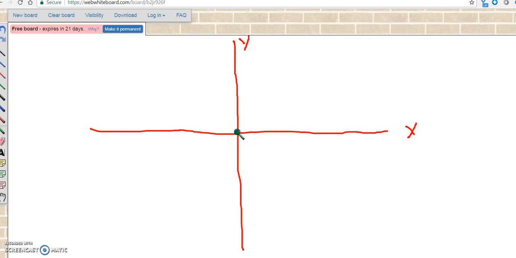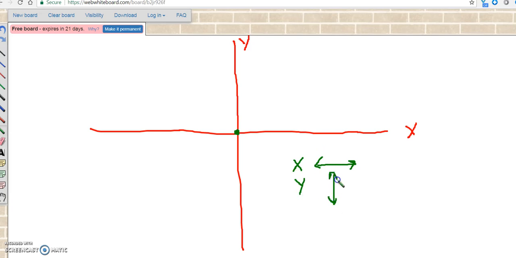They need to understand that this is the point of origin, or the 0 point, and that with anything they're graphing, they're going out a certain number and up a certain number. So the students need to understand that the x's go left to right, and the y's go up and down.